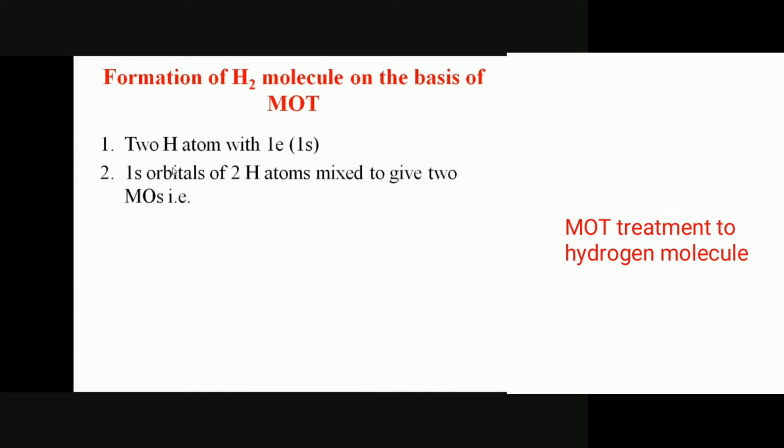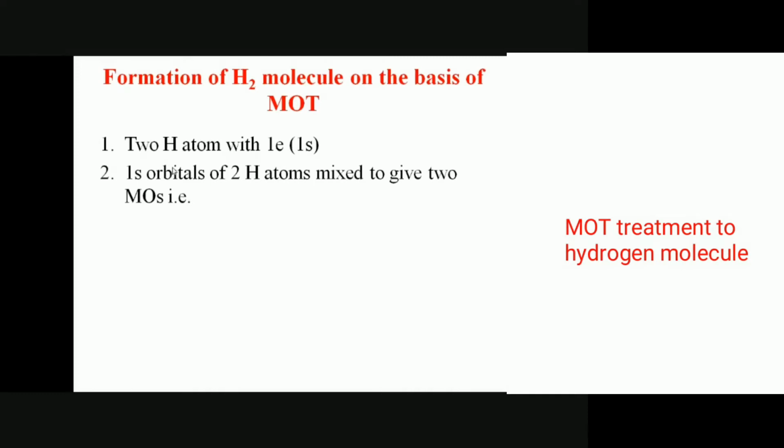When we consider the bonding molecular orbital, the energy will be less, and when we consider the anti-bonding molecular orbital, the energy will be higher. Now, why do bonding molecular orbitals have less energy? The reason is, when a bonding molecular orbital forms, it forms with the maximum interaction of atomic orbitals, and they have maximum probability of finding the electron between the nuclei.